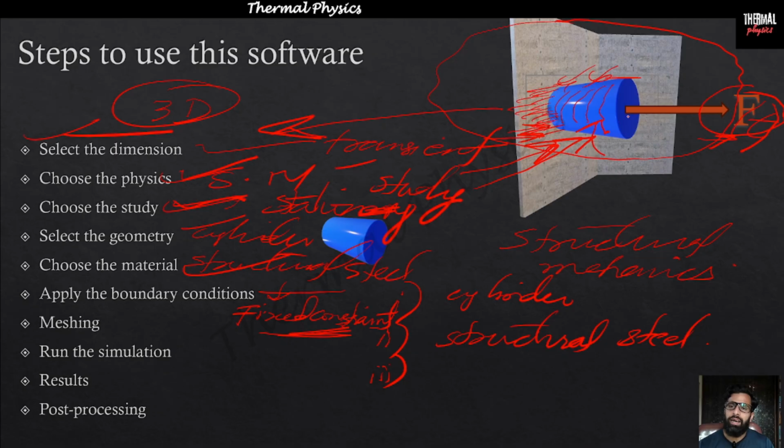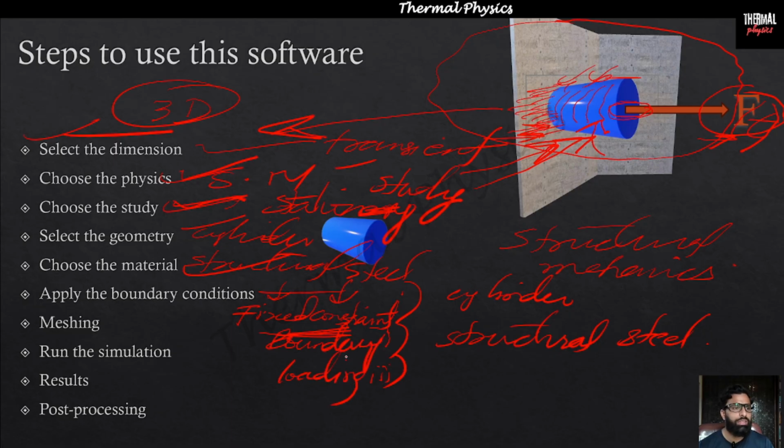Now the other end is not fixed, but loading is applied on it, so we will apply another boundary condition, the boundary loading or boundary force. This is another boundary condition.